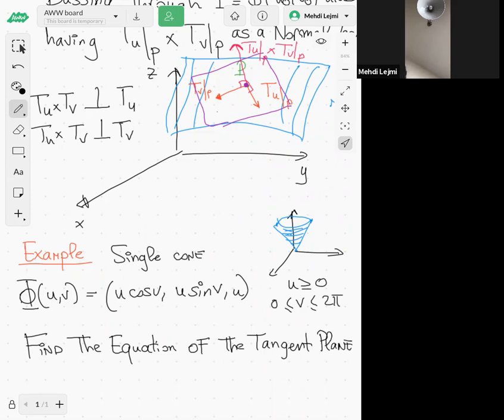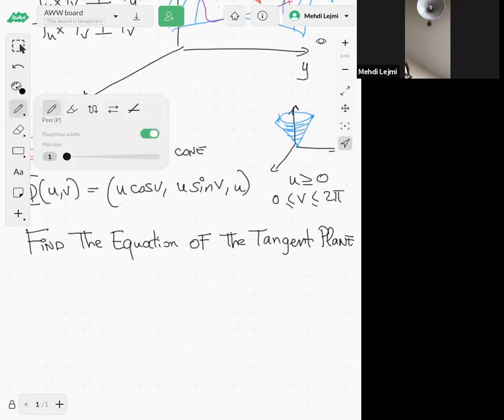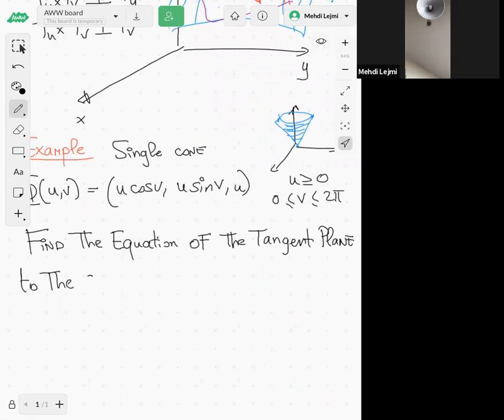So the surface is my single cone, at the point P. Let's say P is phi of 1 and pi over 2.